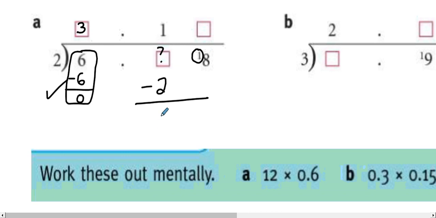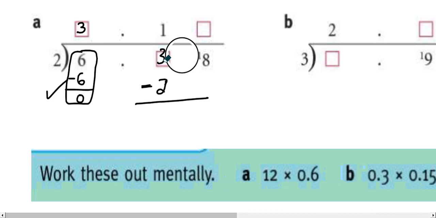In other words, do the inverse of subtraction. The inverse of subtraction is plus. So 1 plus 2 equals what? Equals 3. Do the inverse of subtraction, that is addition. So 1 plus 2 equals 3.